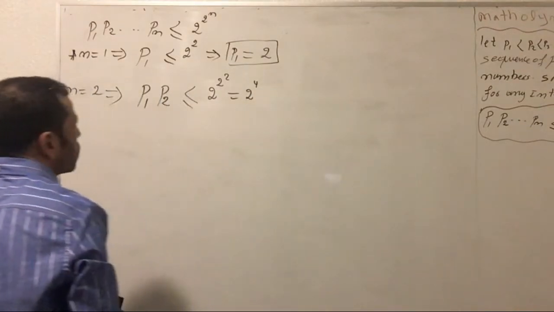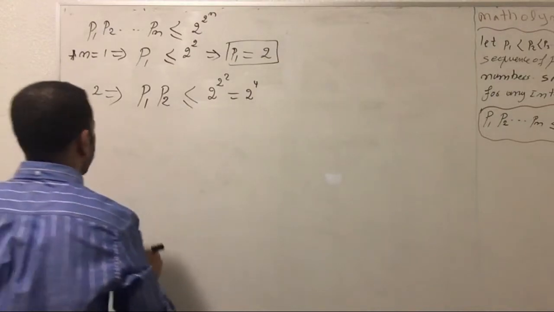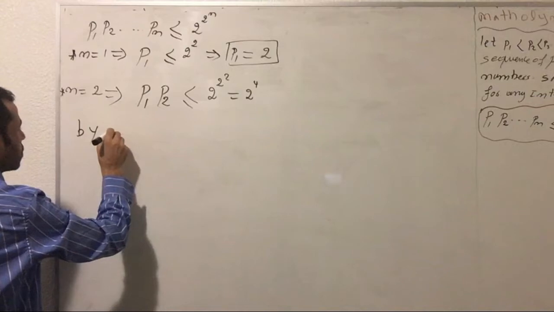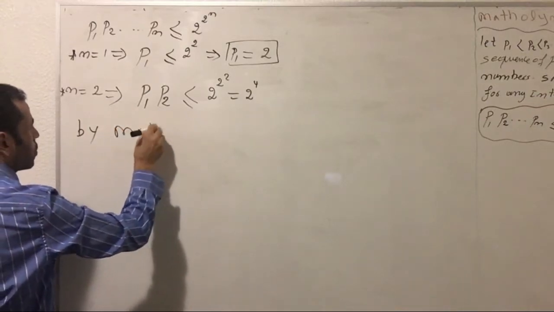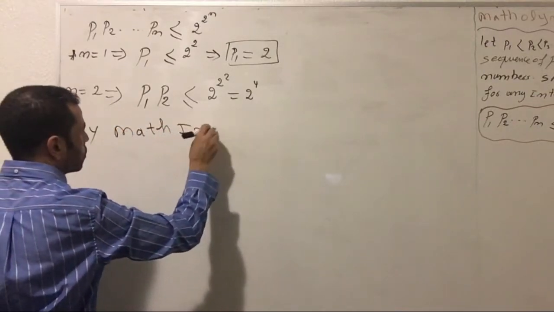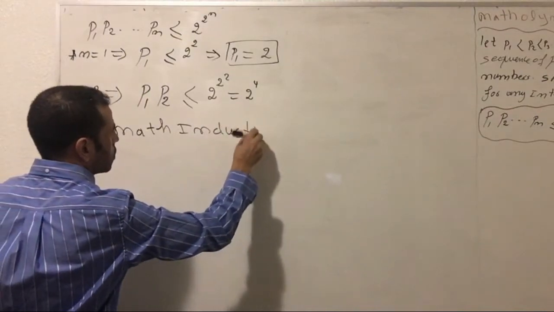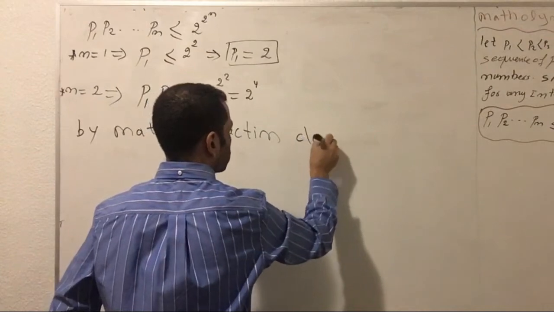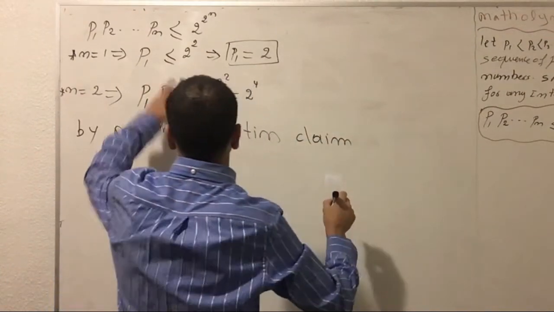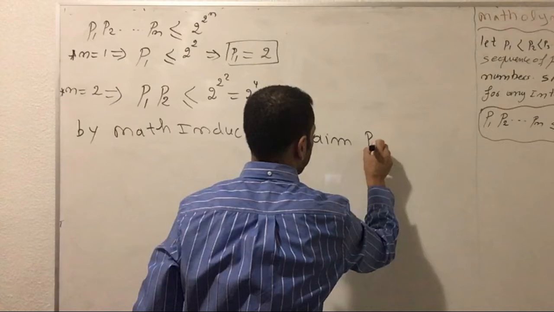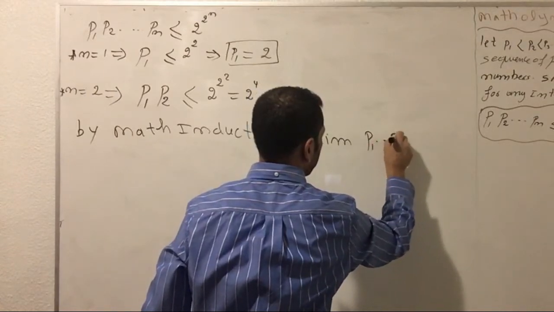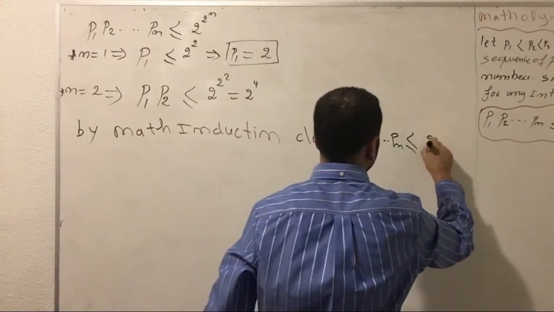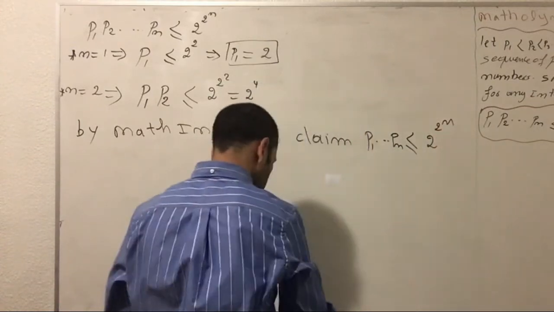So now, by math induction, claim that P1 through Pn is true, less than or equal to 2 to the 2^n.